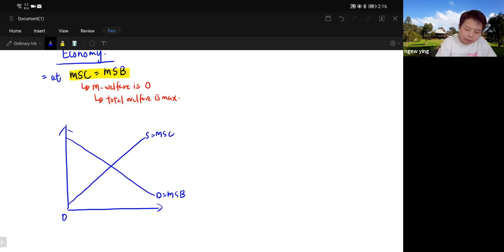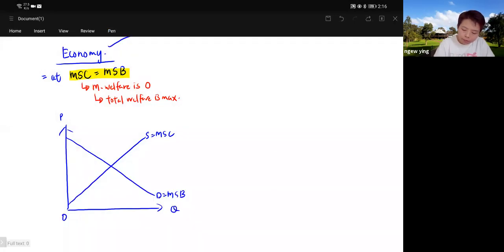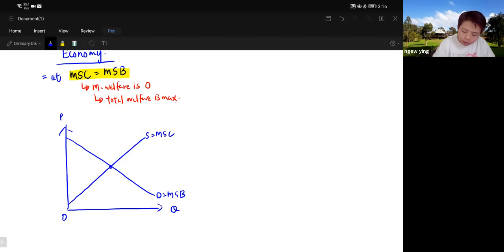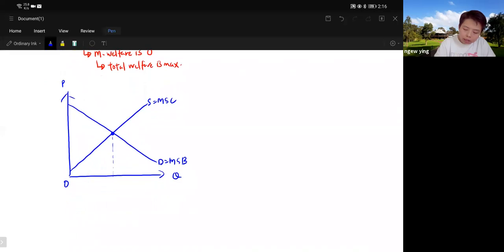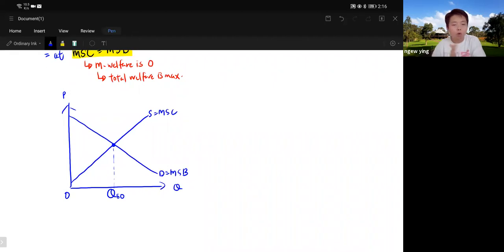You can put P and Q, or you can put cost and benefit also. Now this is the level where MSC equals MSB, and we call it the socially optimum level of output. So I put it QSO, socially optimum.